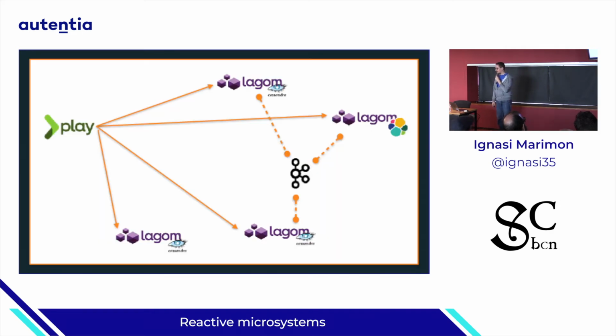This is how some of our sample applications or customers look like. This is particularly a sample application. This is an eBay ripoff. It's got a web entry point that is just adapting APIs or presenting HTML. And there is a user service, an item service, a bid service, communicating with each other with a Kafka broker.